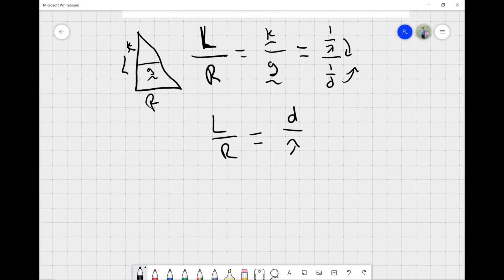And lambda L equals RD. So nothing to it, really.